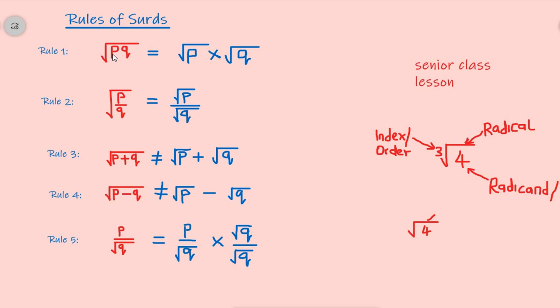So we have P multiplied by Q. So we now have P itself alone multiplied by Q itself alone. So this is how you can solve this.